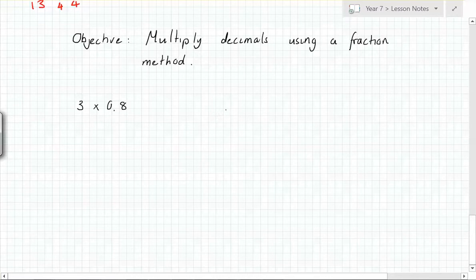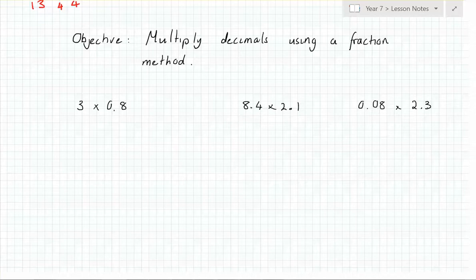We also have to be able to do something like 8.4 times 2.1, which is a decimal times another decimal. We also need to think, how do we do it if I've got 0.08 times 2.3? I've got one decimal with 2 decimal places and one with only 1. How is that going to work? So we've got to go through these 3 situations just to check that we can do them. We're going to use a fraction method.